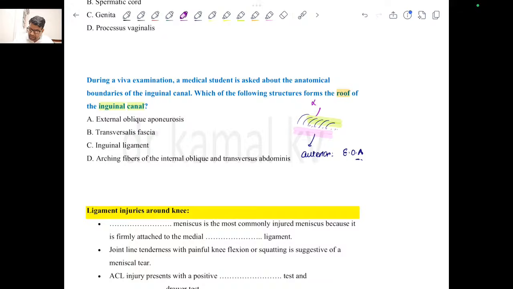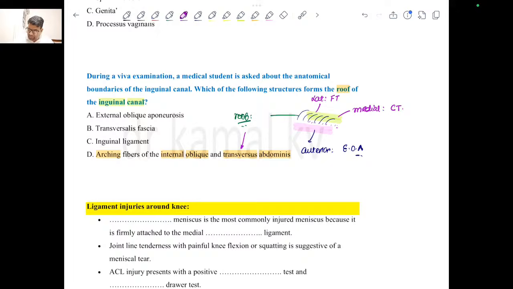Posterior wall laterally is fascia transversalis, medially is conjoint tendon. Roof is by the two muscles, the arching fibers of internal oblique and transversus abdominis. And obviously the floor is by a ligament, so floor is by the inguinal ligament.